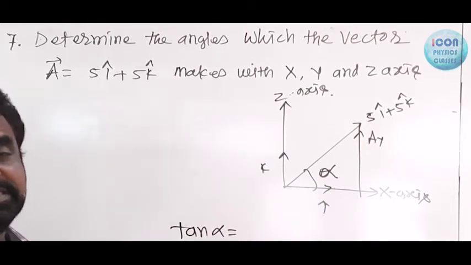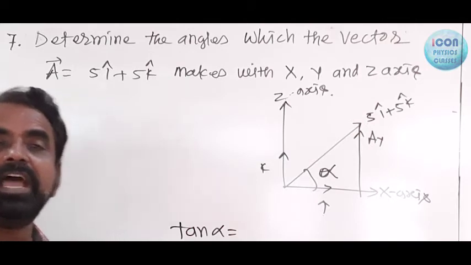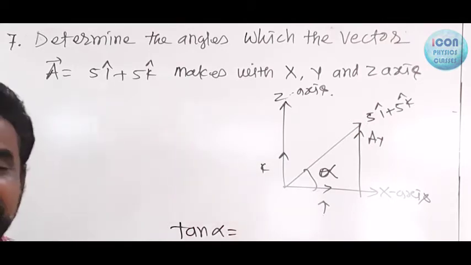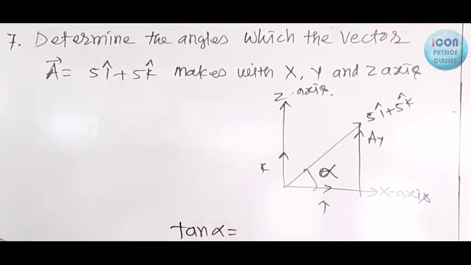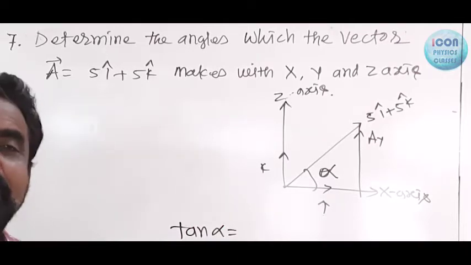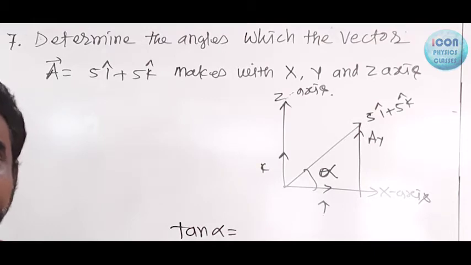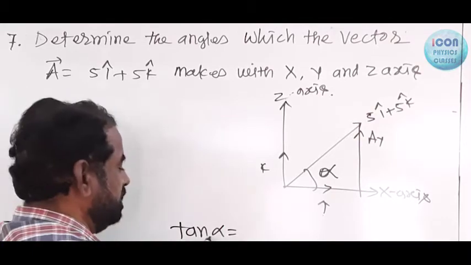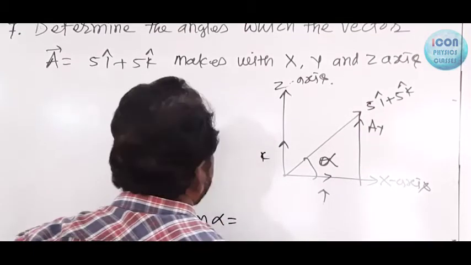Each and every axis is to be asked, this means the direction cosines. What is the direction cosine? Cos of alpha is equal to ax upon a, that is cos alpha.